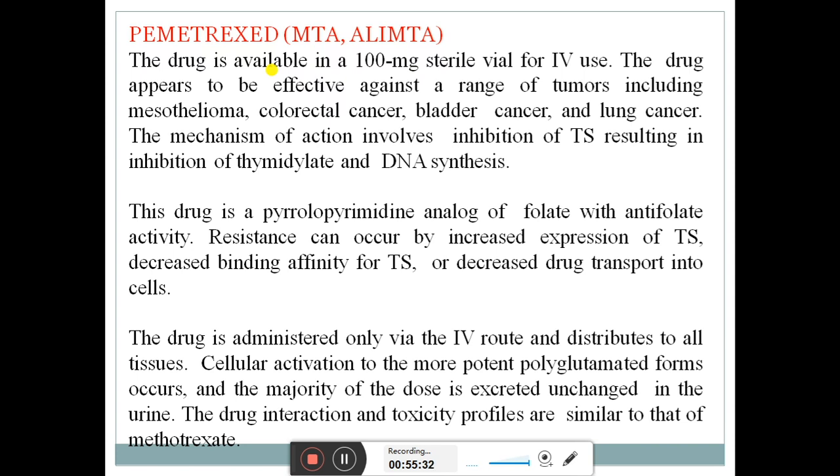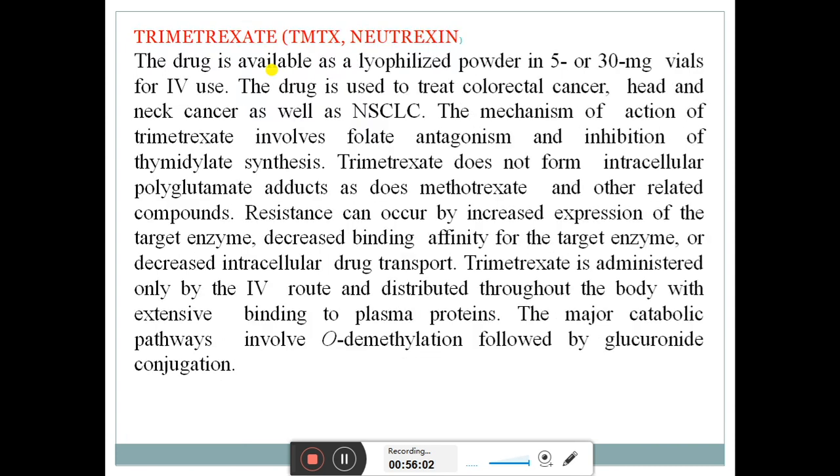This drug is administered only via the intravenous route and is distributed to all tissues. Cellular activation to the more potent polyglutamated forms occurs, and the majority of the dose is excreted unchanged in the urine. The drug interaction and toxicity profile are similar to those of methotrexate.